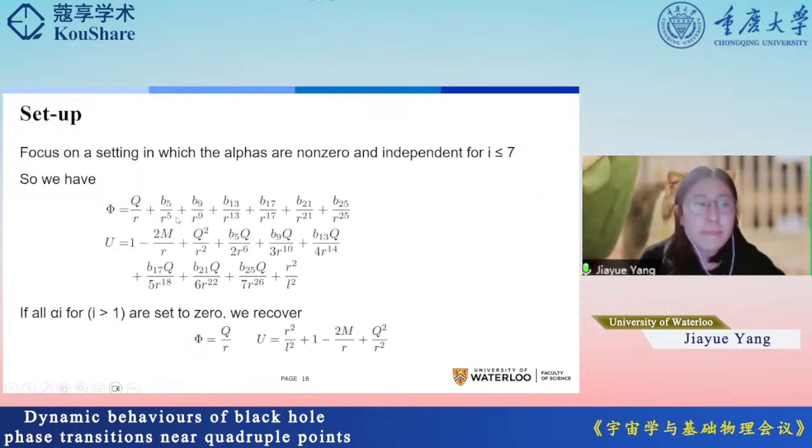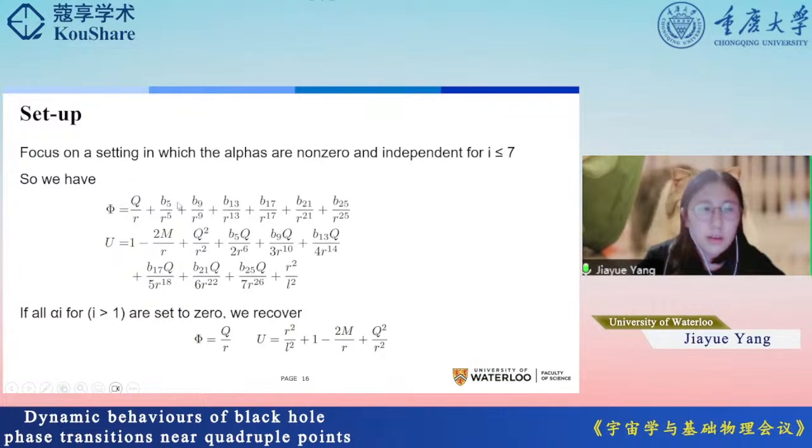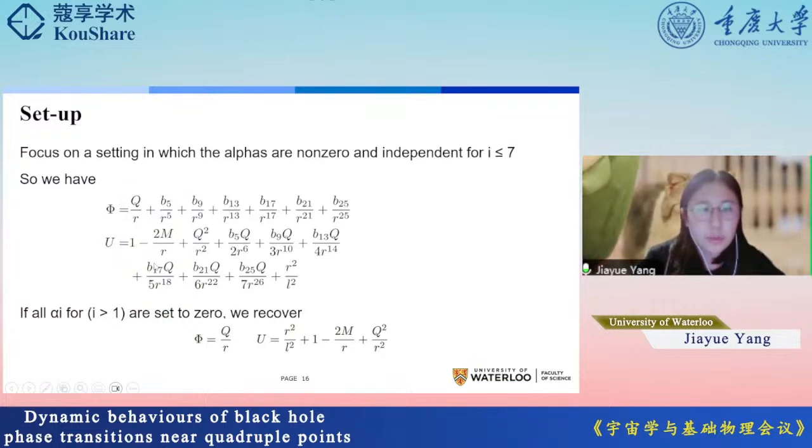So let's consider a simple case. We focus on a setting in which alpha_i with i greater than or equal to 7 vanish, so we have the solution here. Phi has this expression and U has this expression.